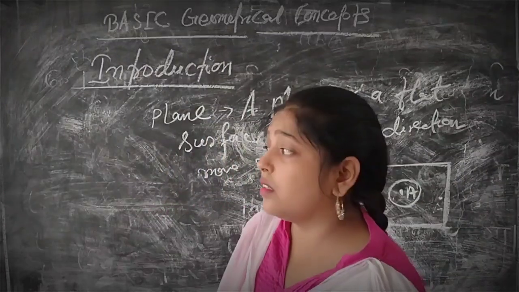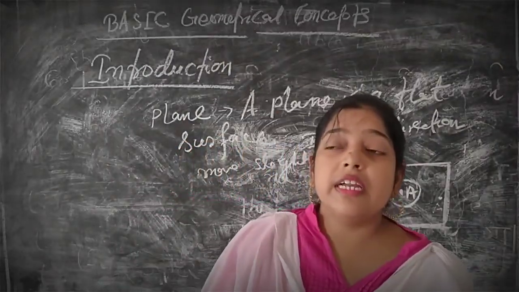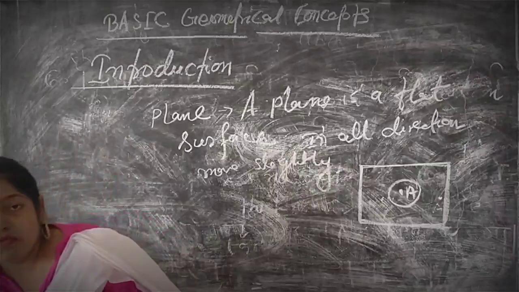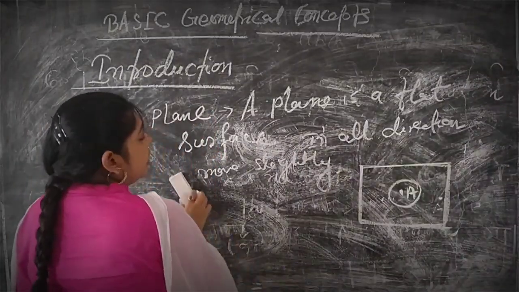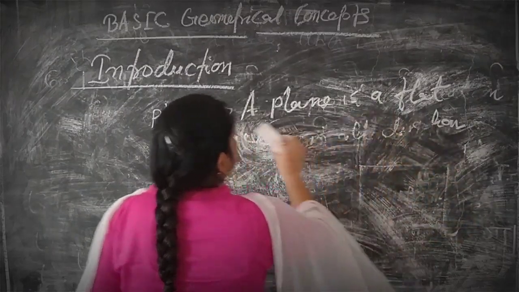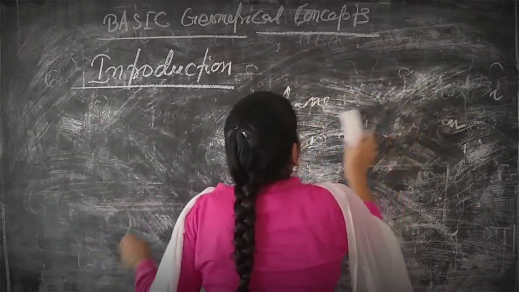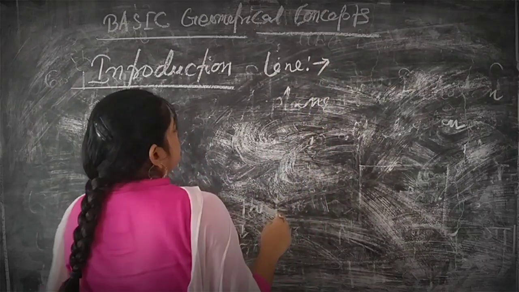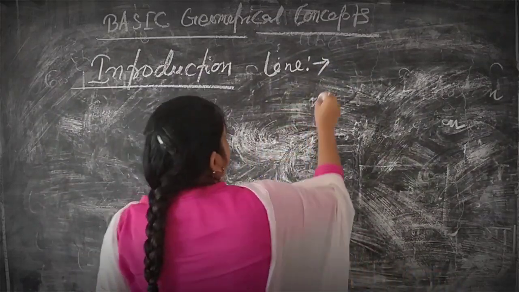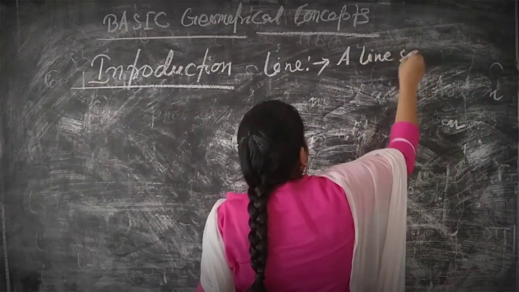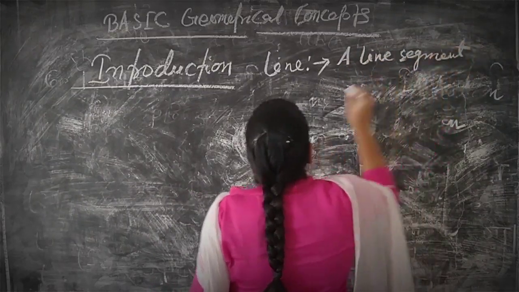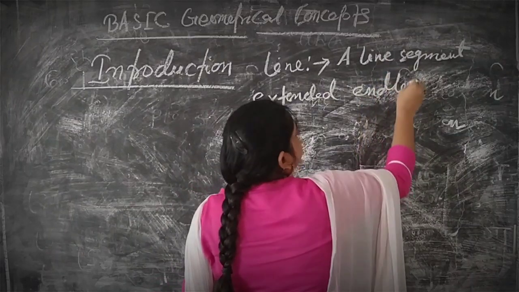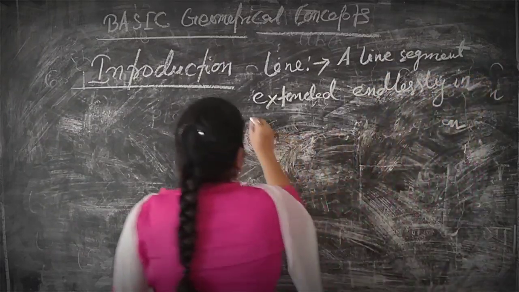Next is the line. What is a line? A line is a line segment extended endlessly in both directions.